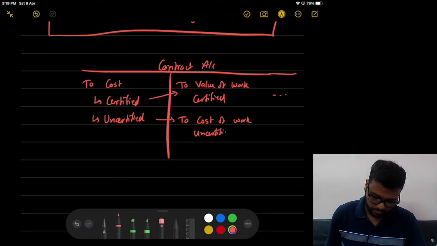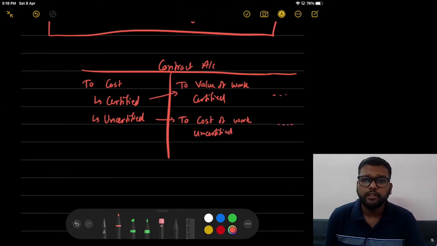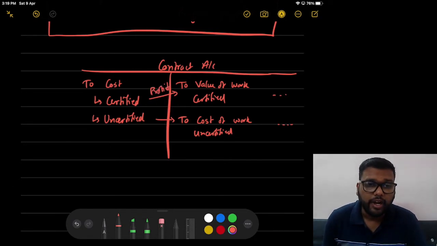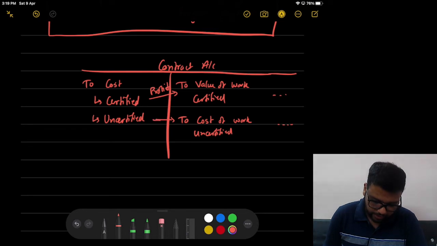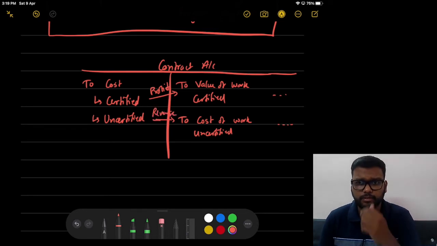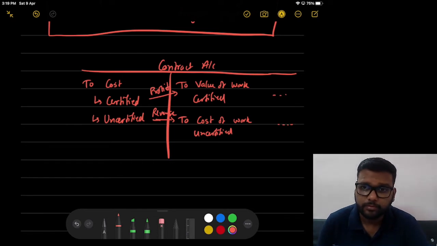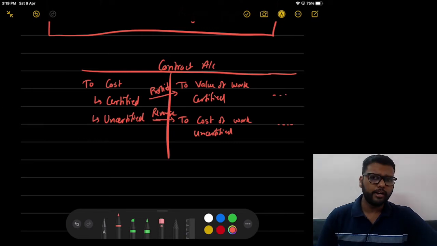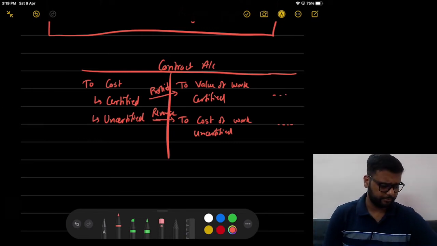Cost of work uncertified. That means here we'll get profit from the difference of these two, and from the difference of these two we'll get nothing, that is zero effect, right? Reversal. Clear? Yes, sir. 100% clear to everyone? Fine.